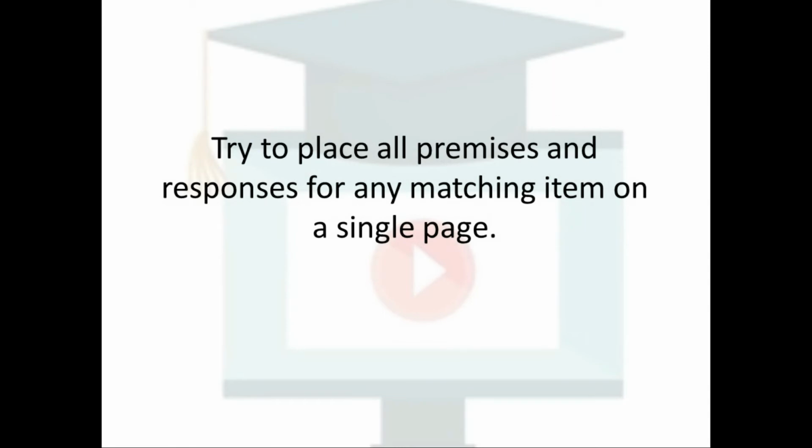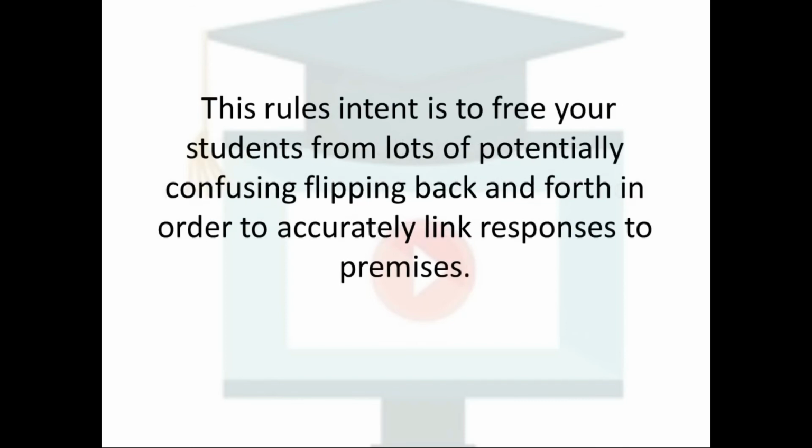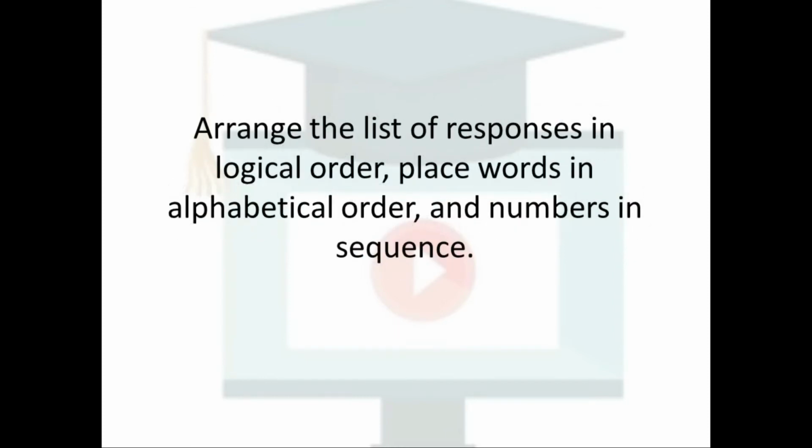Try to place all premises and responses for any matching item on a single page. This rule's intent is to free your students from lots of potentially confusing flipping back and forth in order to accurately link responses to premises. Arrange the list of responses in logical order.